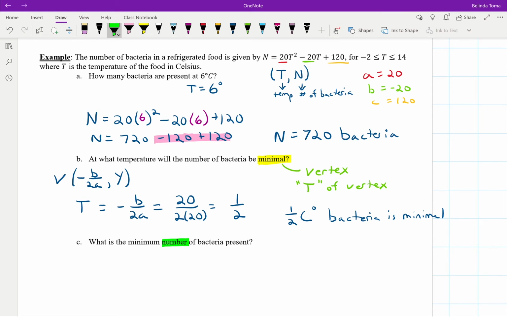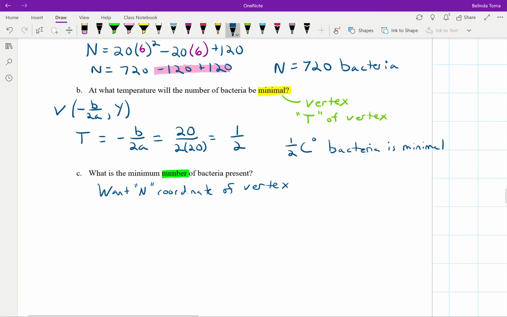So again, what we were going to do here is know that we want the N of the vertex. So all we need to do is plug in 1/2 into the function that was given.